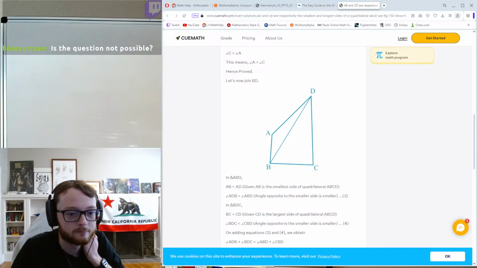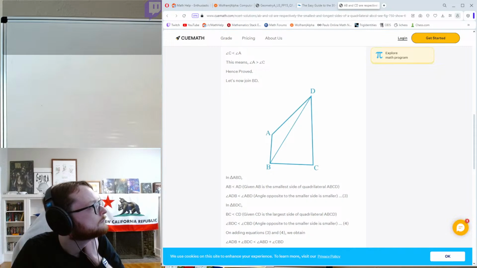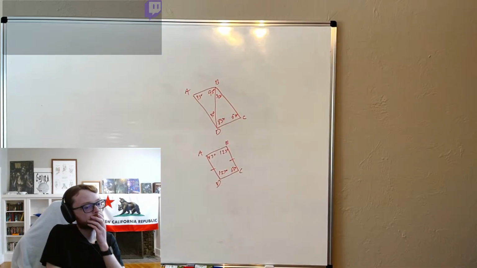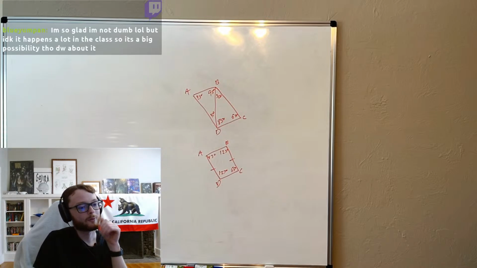I'm still thinking about it. Oh, okay. Yeah, I don't get how you... It doesn't seem like CD can be the longest side here. If it somehow is, it uses some crazy property of geometry that I haven't heard of.